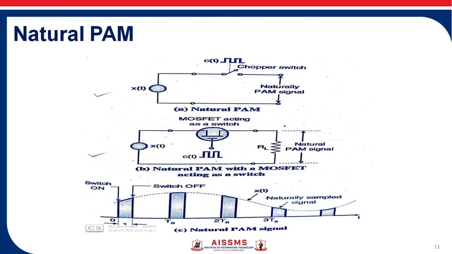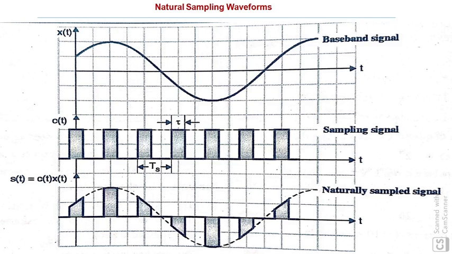So this type of pulse amplitude modulated signal is called natural PAM. Also in this diagram, you can see the baseband signal xt gets sampled at regular intervals of time, and the output is the pulse amplitude modulated signal, which is the natural PAM signal.